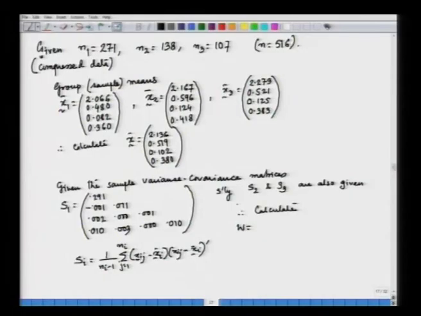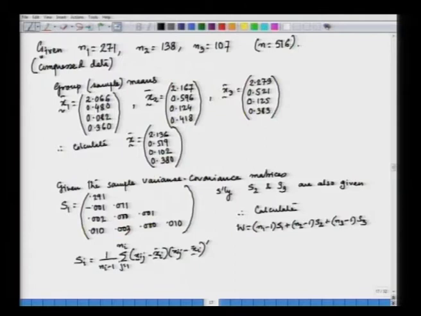B, I will get with the mean information. For W, I will have to calculate it with the help of the sample variance covariance matrices, and this is nothing but n1 minus 1 S1 plus n2 minus 1 S2 plus n3 minus 1 S3.